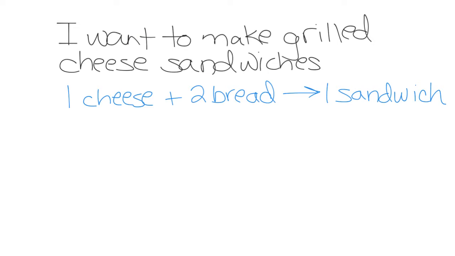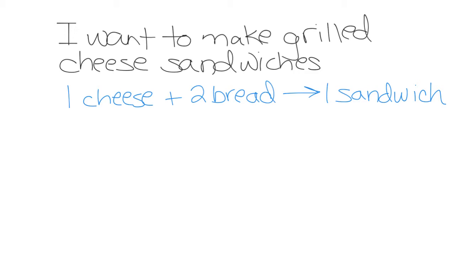All right, here's another example that should hopefully be very easy to visualize. So let's say I want to make grilled cheese sandwiches. And I go through my bread and my cheese. And my grilled cheese sandwiches are going to have 1 piece of cheese and then obviously 2 pieces of bread.